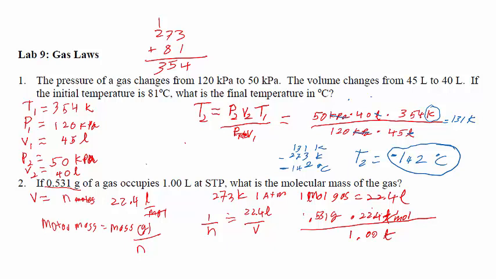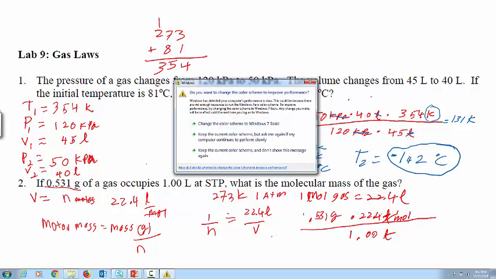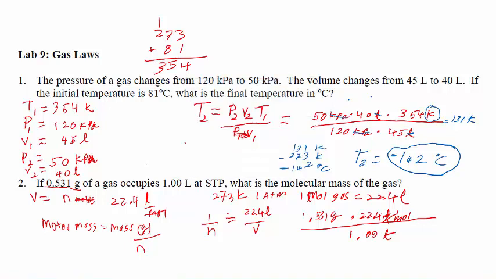So it's essentially 0.531 times 22.4, since dividing by 1 doesn't do anything. And that is 11.9.